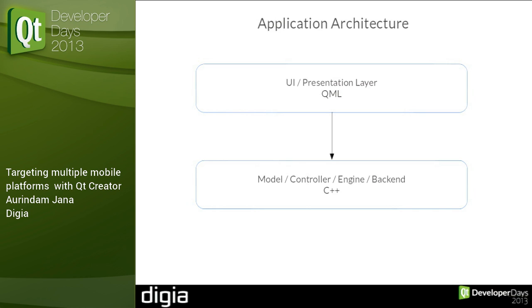And the advantage of having just the UI in QML is that you can move the UI to a particular mobile platform and have another UI. That's only a fraction of the effort you would have to do if you start mixing up your model view controllers.